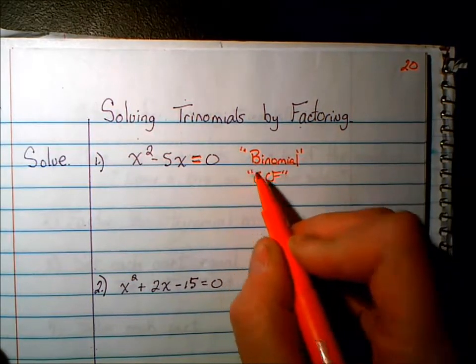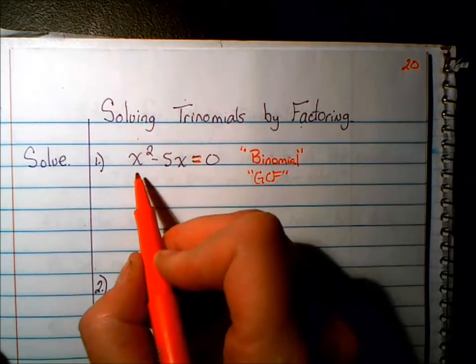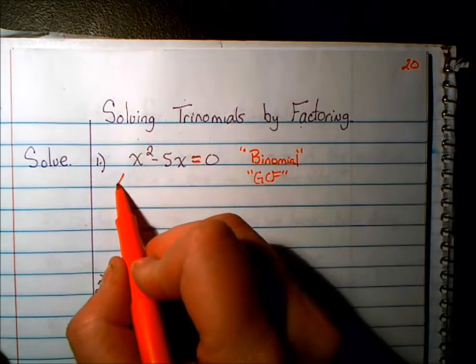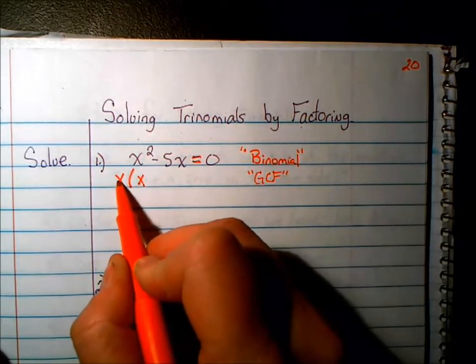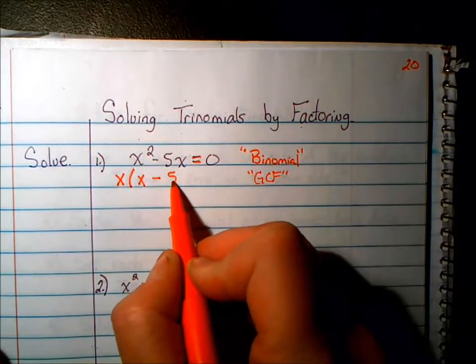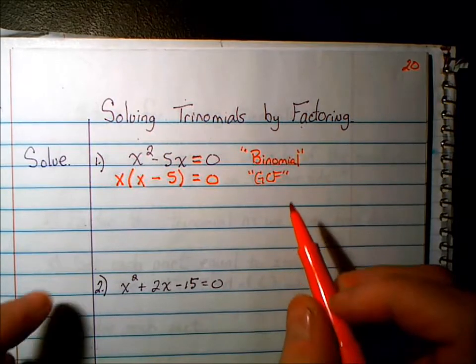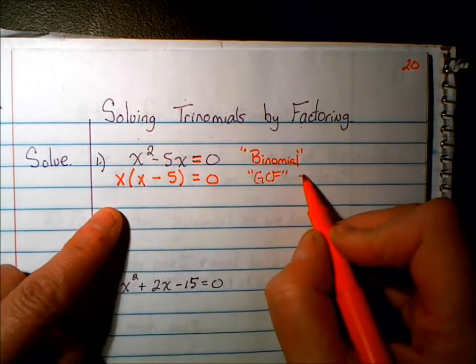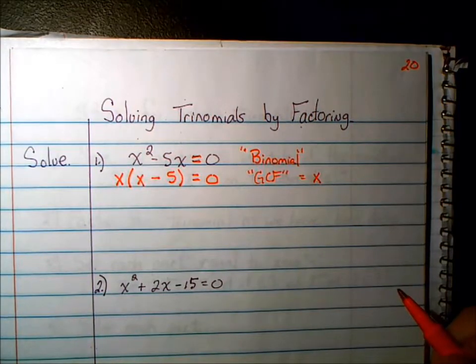Notice there's an x in both of these, so I can pull an x out front, and then x times x is x squared, minus, when I pull this one out it'll be a 5, and it equals 0. So the GCF is basically the x. And this was our GCF factoring.